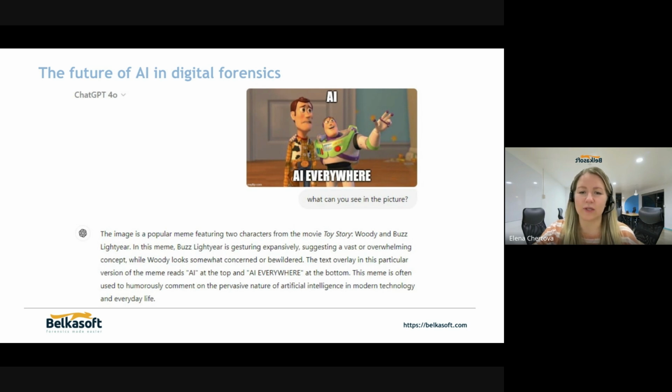We know that large language models can be interacted with through prompts, and the predefined prompt for BelkaGPT is to answer your question based on case data and explain it. As for how adaptable they are, I can't say anything now, unfortunately, but I may say that we are working on making it better.